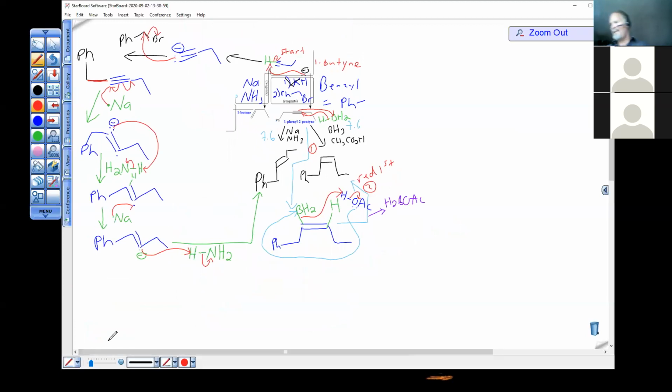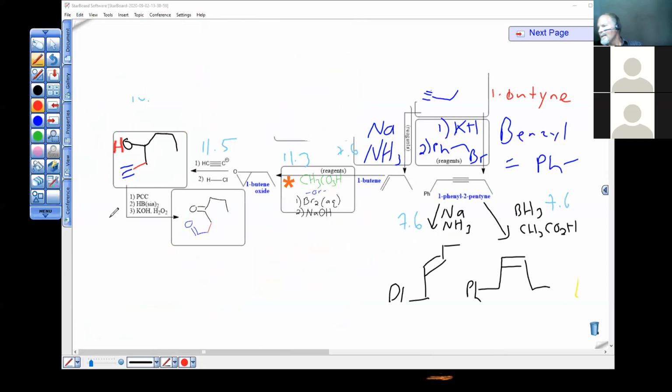So not too messy. I think we're almost finished with our mechanisms. We did those. And what we didn't do is the sodium ammonia.